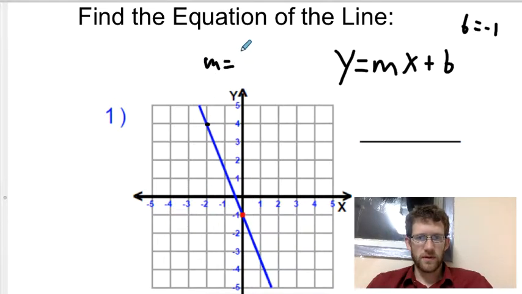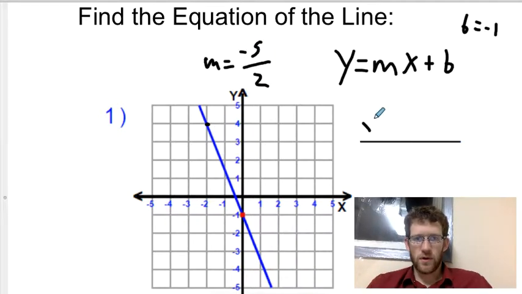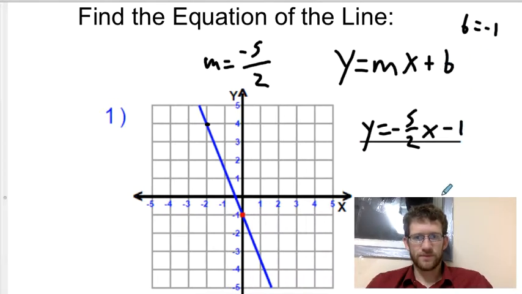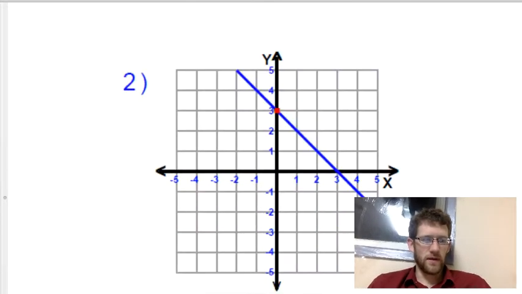M is equal to -5 over, the run is 1, 2. So our equation is y equals -5 over 2x, in this case plus b, or -1. Okay, see if you can use your newfound skills to try and do number 2.